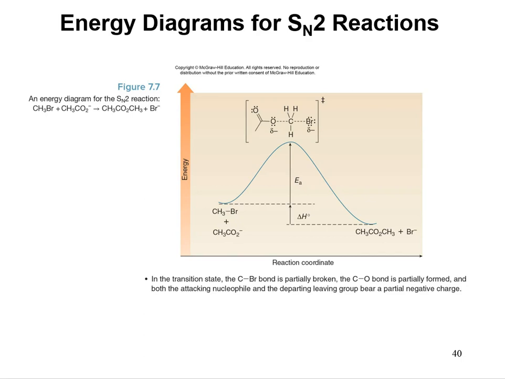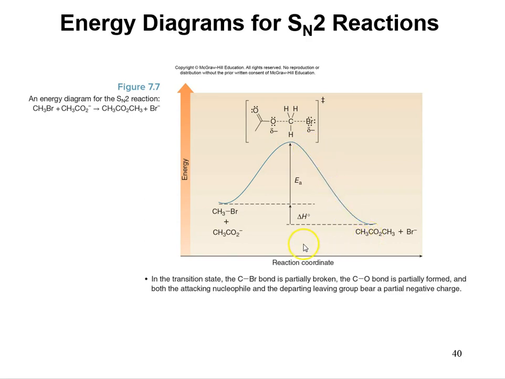A general energy diagram for SN2 reactions will have one hill because there is one step. Note that the 2 in SN2 means second order and not the number of steps. Energy is on the y-axis and the reaction path going from reactants to products is on the x-axis. Here is the starting materials, then an increase in energy to form the transition state, and once again a lowering in energy to form the products.